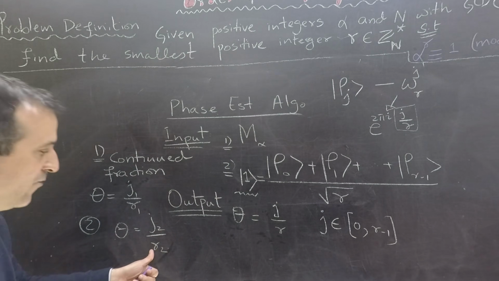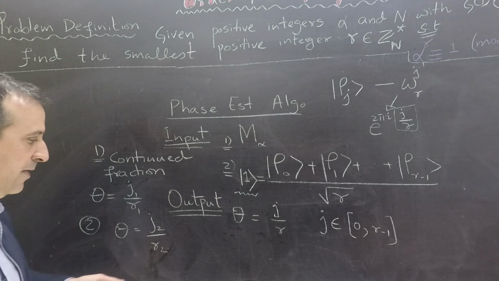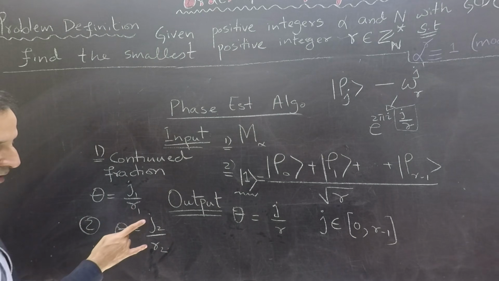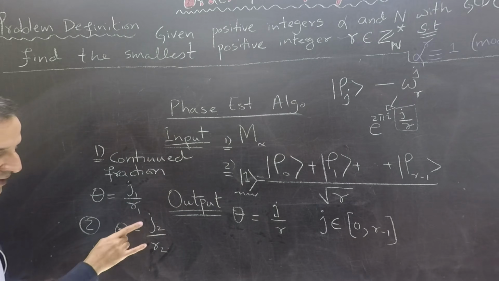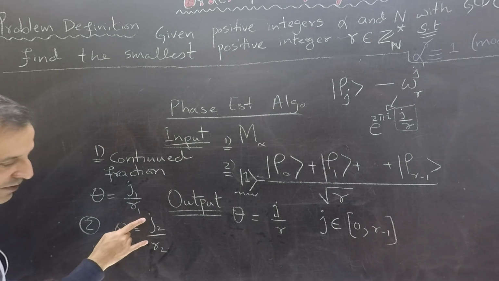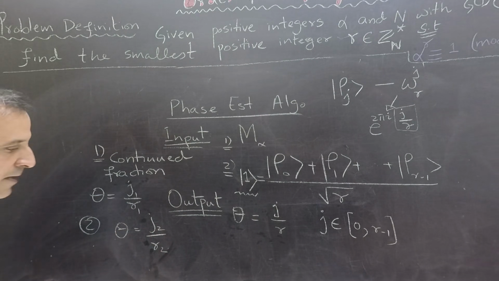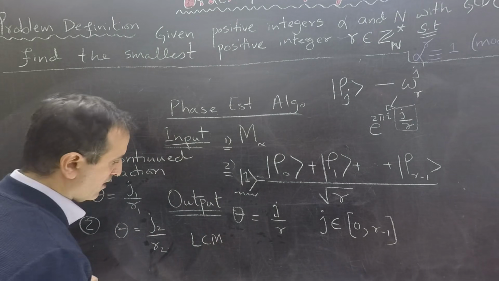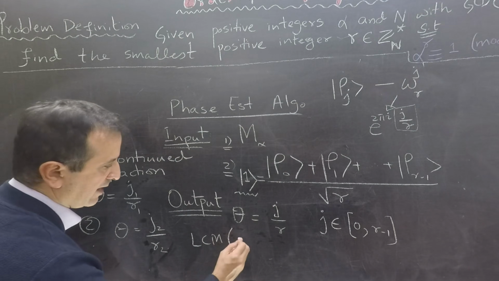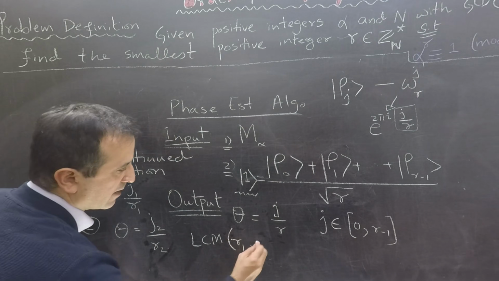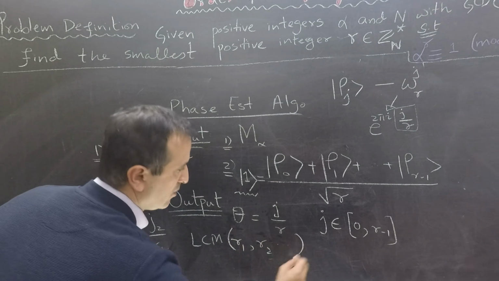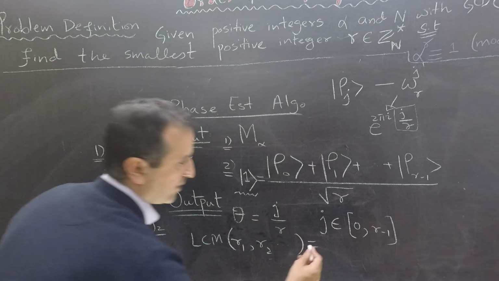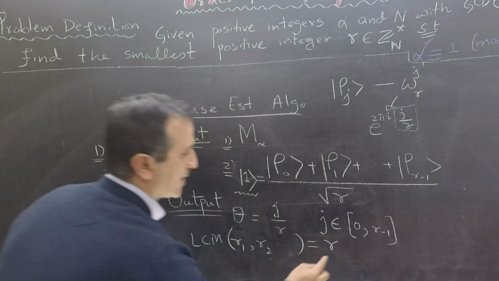In the denominator we must have r, but because we are not getting the exact value, it's possible that we have some non-exact values like j2 and r2 and so on. At the end we will take the LCM of all the denominator values like r1, r2 and so on, and this will give us our r with very high probability.